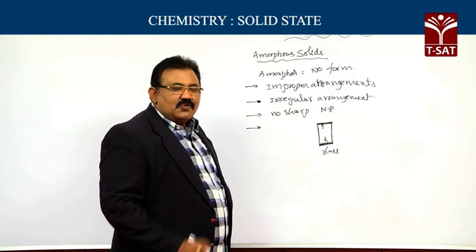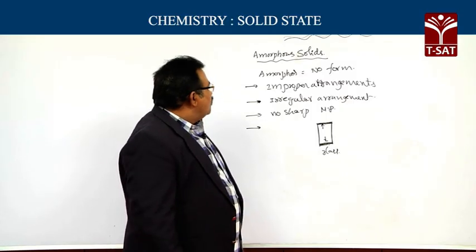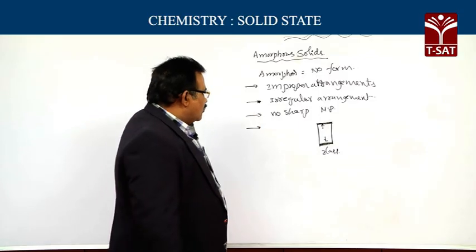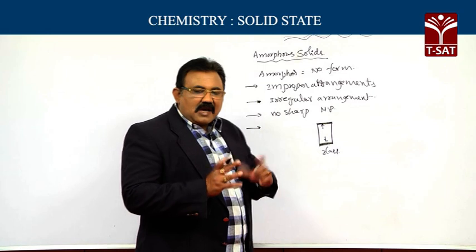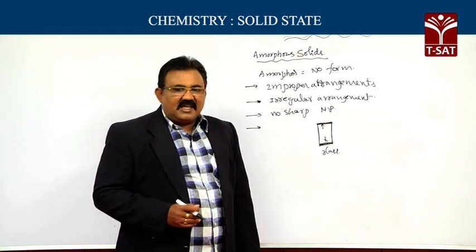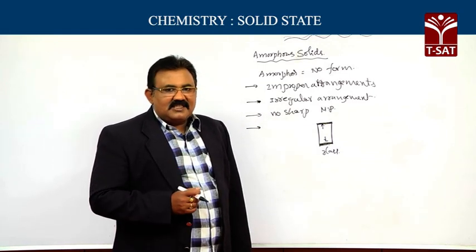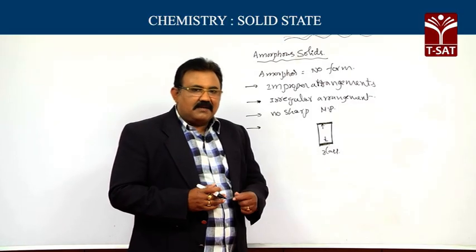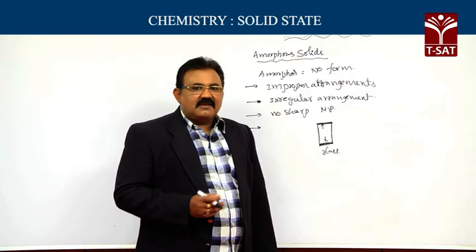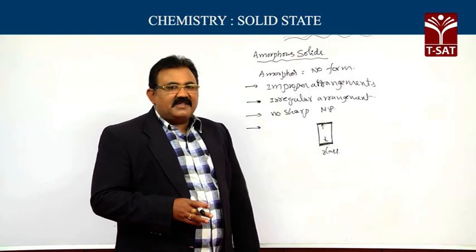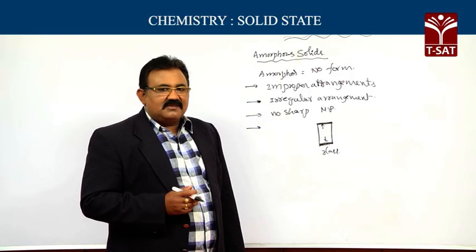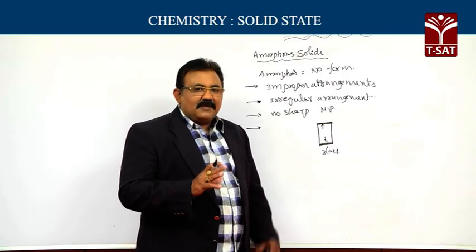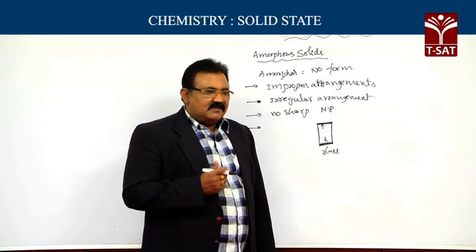So glass is a supercooled liquid and it belongs to amorphous solids. You know why glass appears milky? This is because in daytime it melts, whereas in the night time it solidifies. Because of that reason, it appears milky.